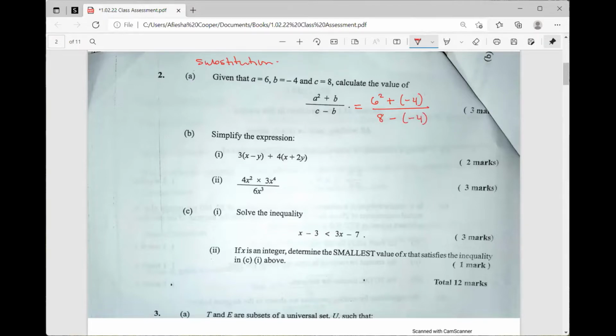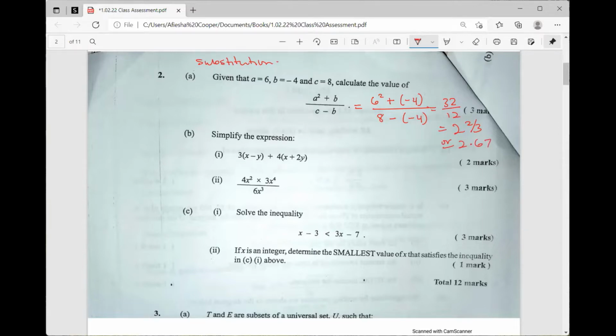You should have subtract -4, not just 8 subtract 4. So we solve this and we'll get 36 minus 4, that's 32, over 8 minus -4 is just 12, and that will give me 2 and 2/3. If you do it in decimals, 2.67.